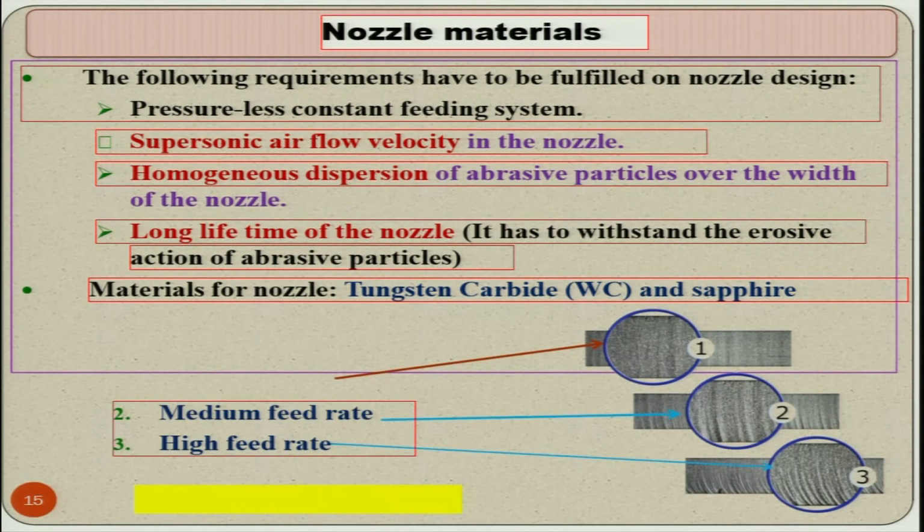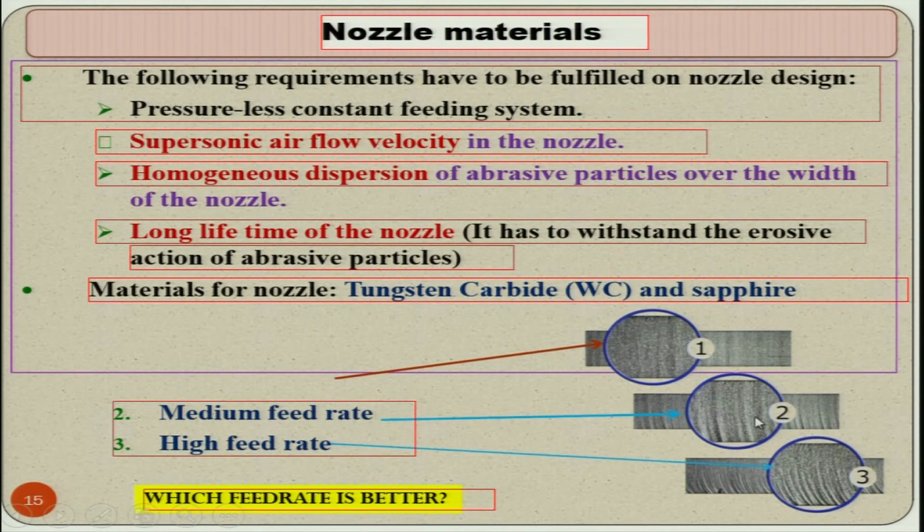Now, the effect of the feed rate: low feed rate, medium feed rate, and high feed rate. Depending upon the feed rate, the characteristics of the machined surface are obtained here. Normally when the feed rate is high, you are not able to cut properly, and you can see striations or cavities formed, and then high peaks.